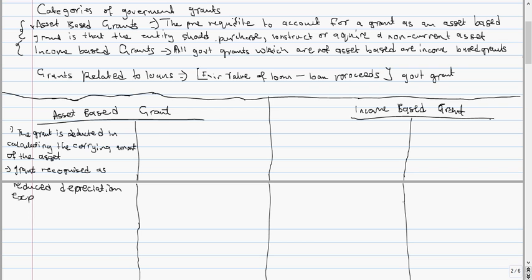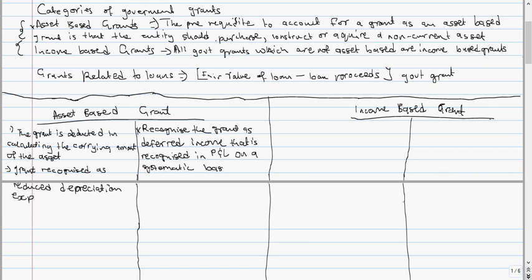And another way of recording an asset-based grant is you can choose to recognize the grant as deferred income that is recognized in the profit and loss on a systematic basis over the useful life of the asset.